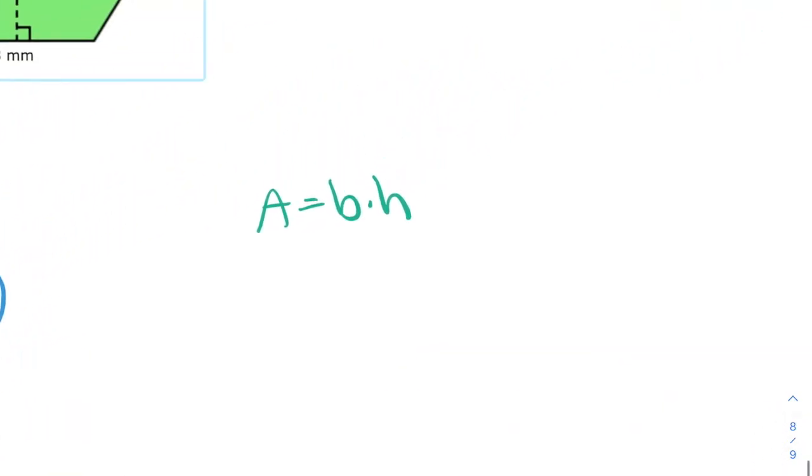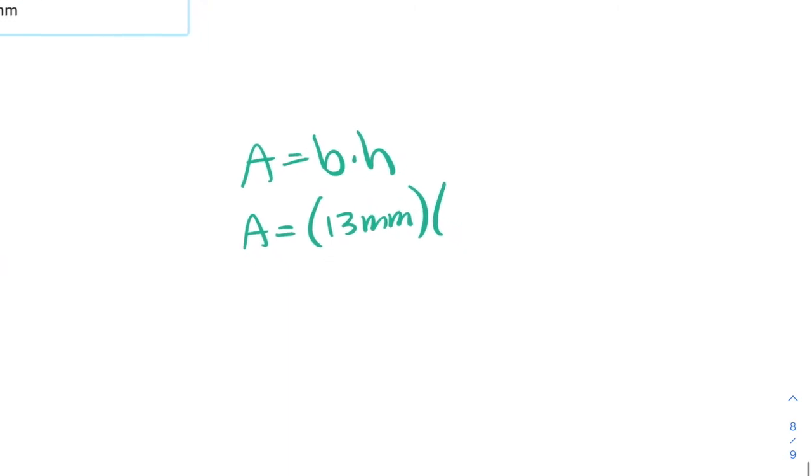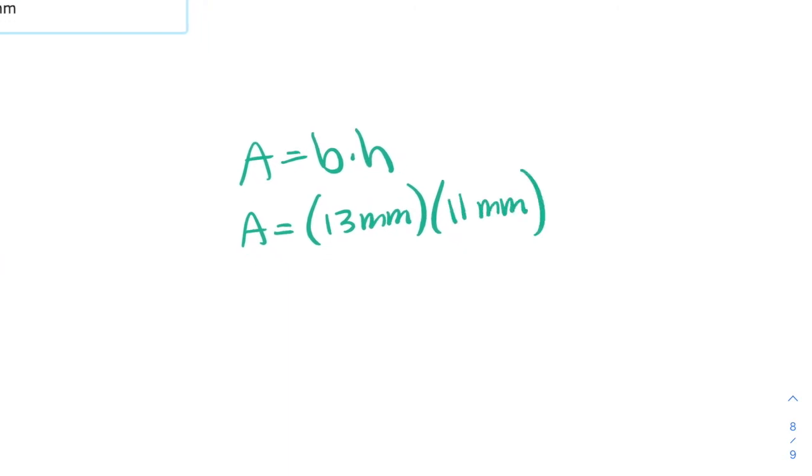All right, now in this one it's base times height. So area equals base, which is 13 millimeters, times height, which is 11 millimeters. So in my calculator, I'm going to do 13 times 11.